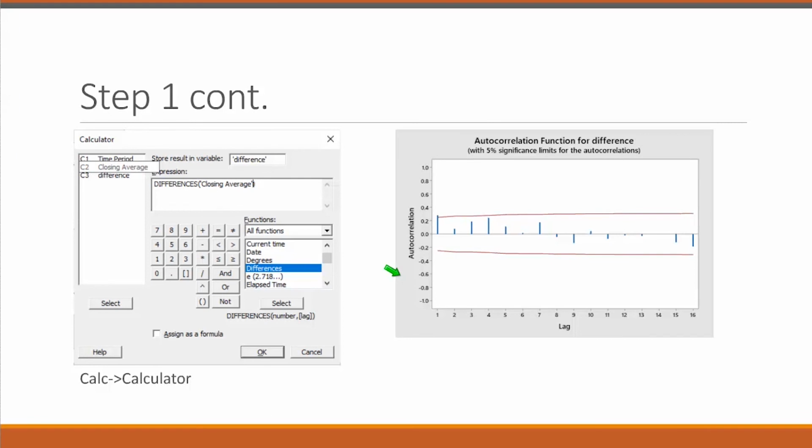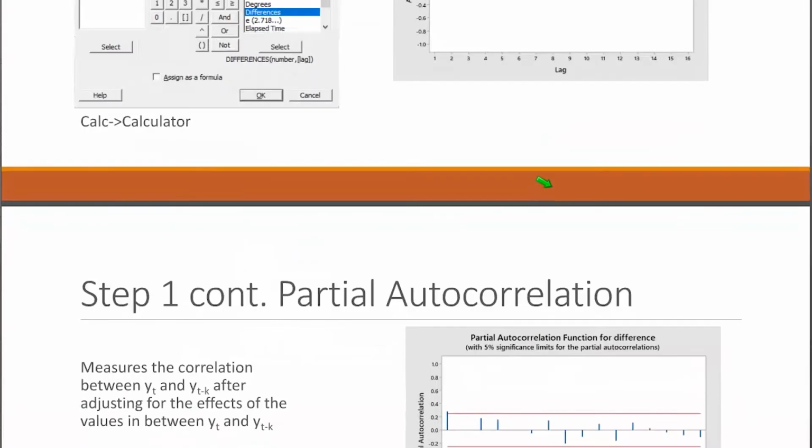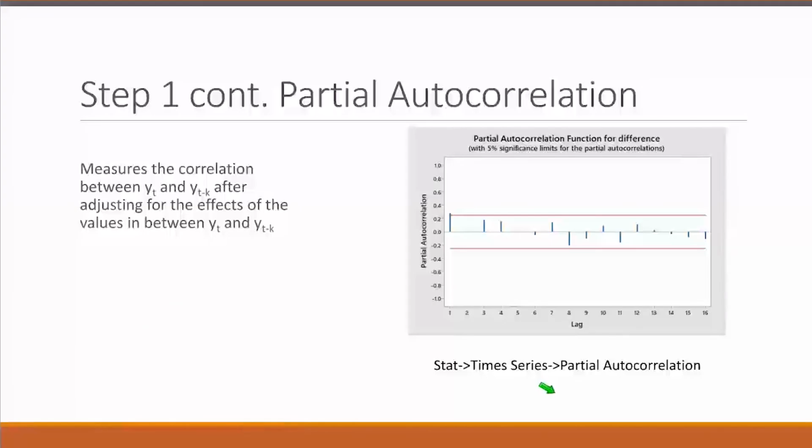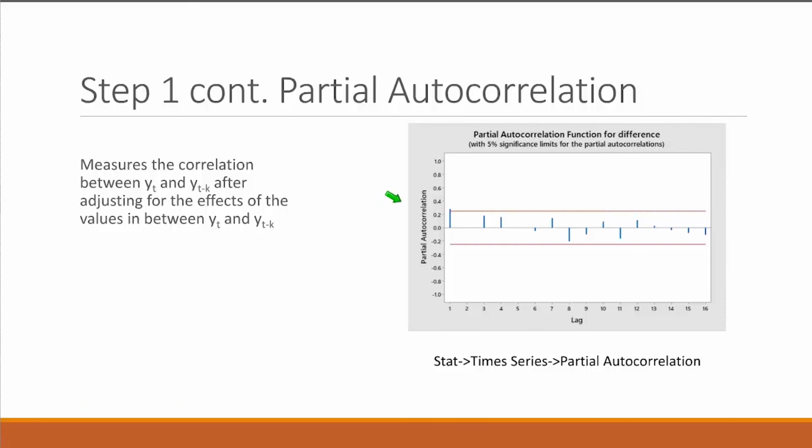This is the graph we need, and we did this for the difference. Then the other item that we need is called the partial autocorrelation. In a minute, I'm going to move to Minitab to show you how to obtain partial autocorrelation. Partial autocorrelation basically measures the correlation between the current value of y and the value of y k periods before, after adjusting for the effects of all the y values between the current period and k periods ago.